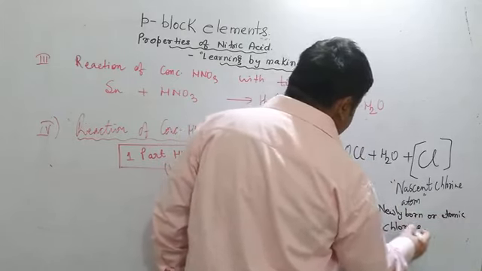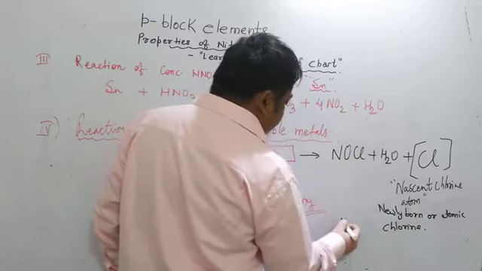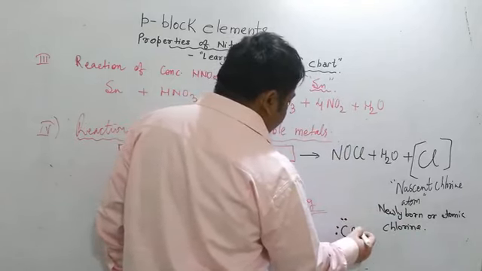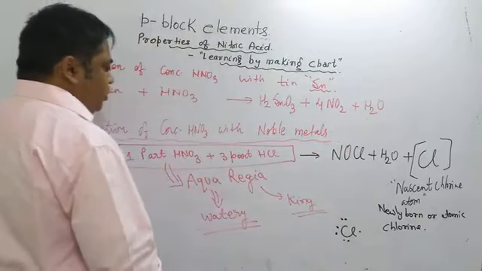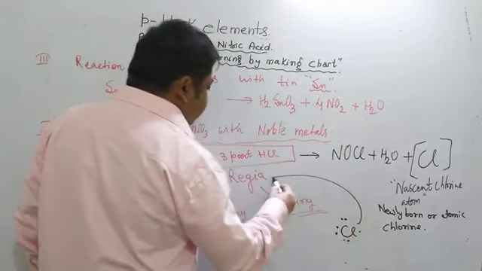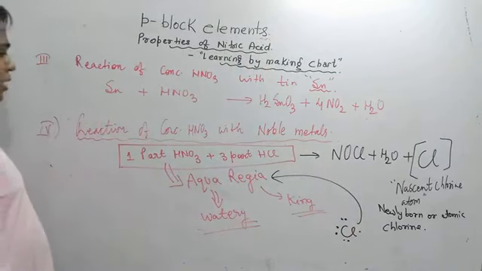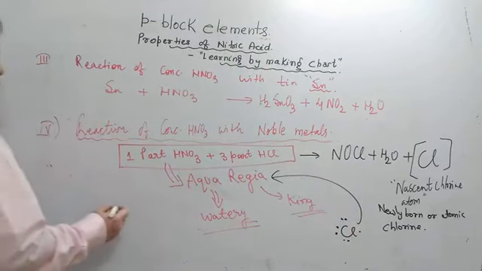It is highly reactive because it has only one electron in its outermost shell. It is produced by aqua regia. So this nascent chlorine is the daughter of aqua regia. If somebody asks you who is the daughter of aqua regia, then nascent chlorine atom.